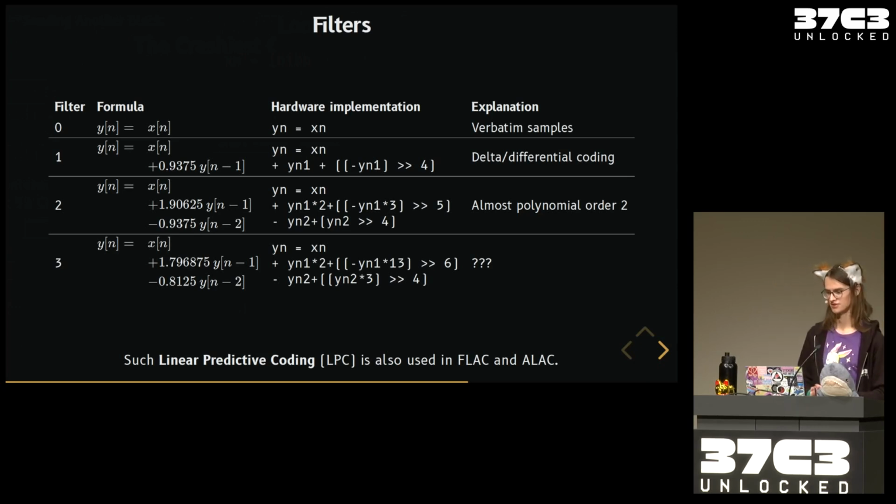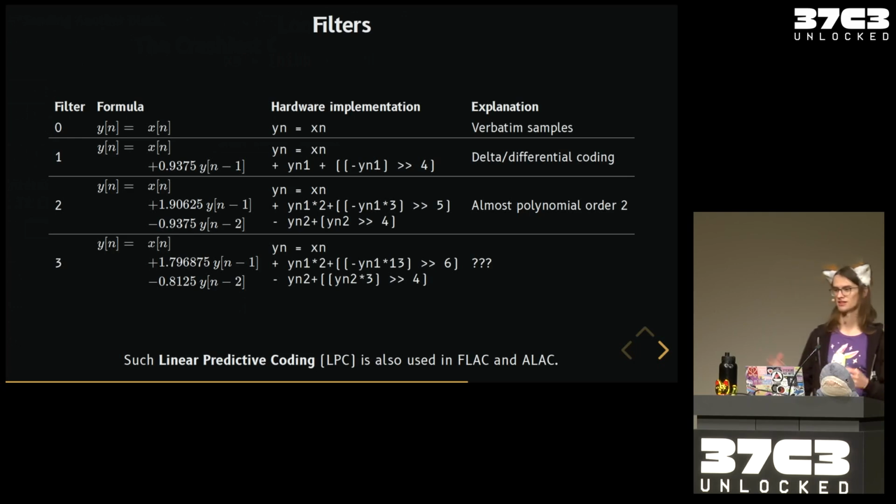The filter 0 just uses the values that we just got from shifting as is, verbatim, as we would say. And this is useful if you don't know what the previous samples are. For example, at the start of a BRR audio sample or at the start of a loop point. The first filter effectively adds the previous output sample to the current input value that we are getting in.